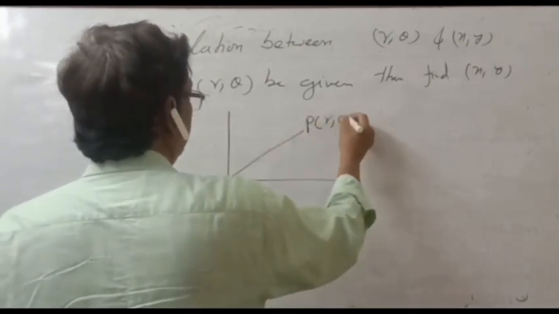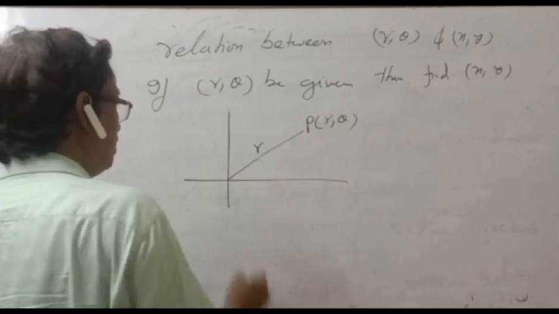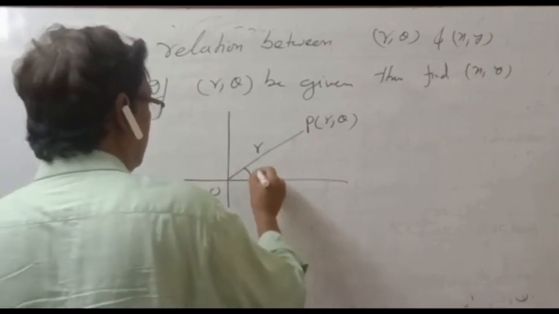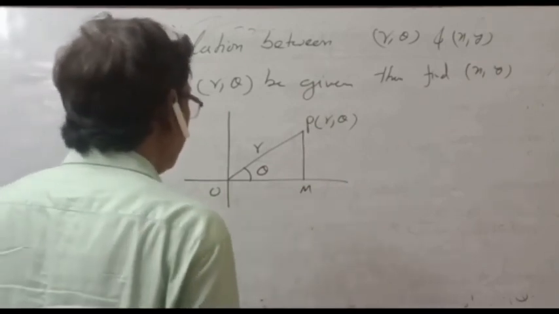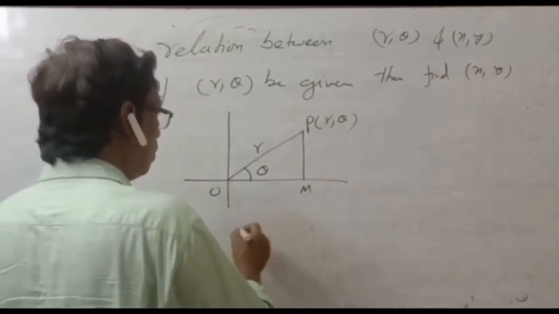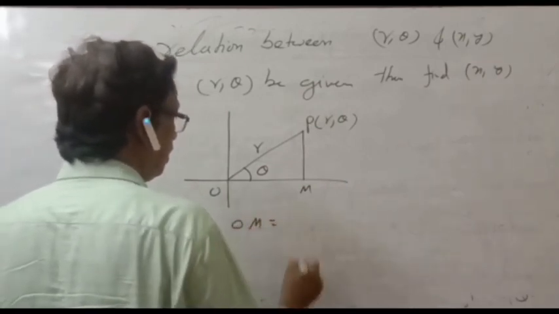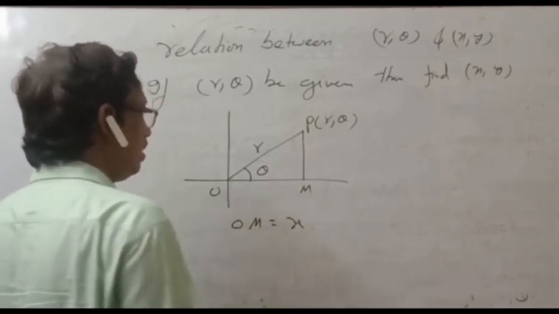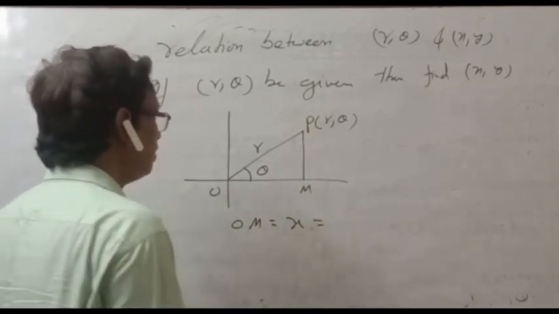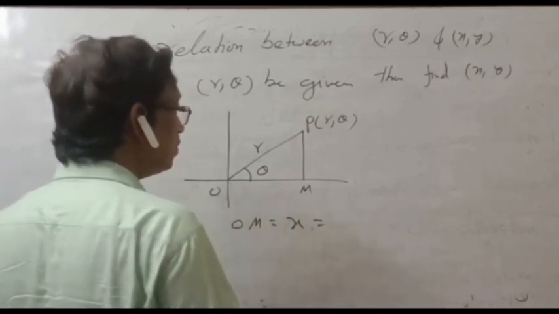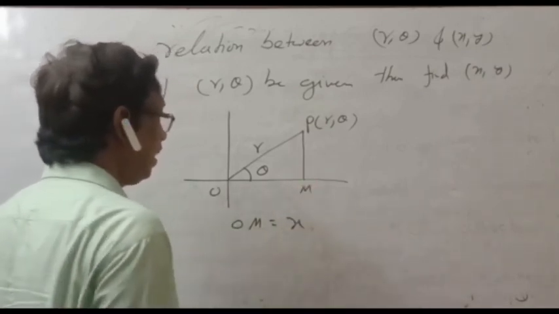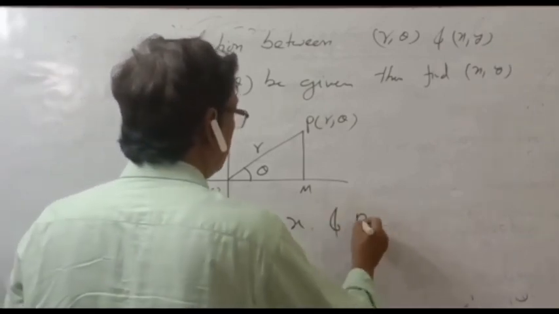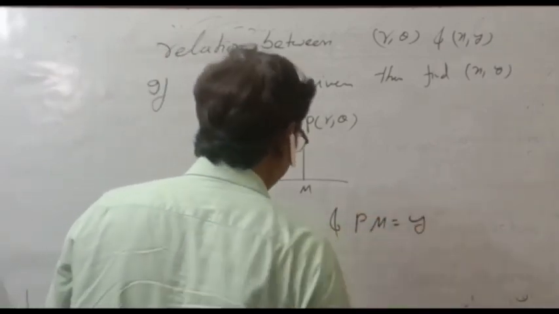P is (r, theta), r represents this and theta represents this. Here OM is equal to x and PM is equal to y.